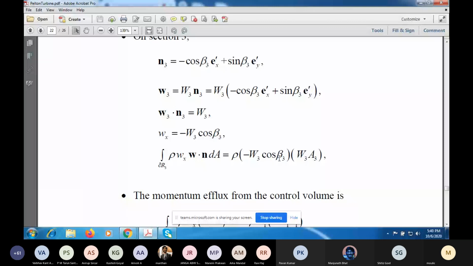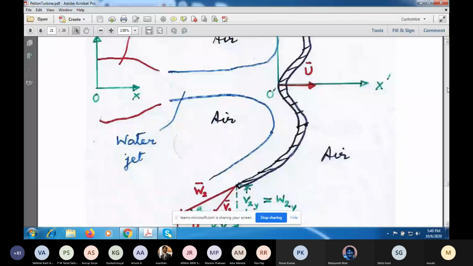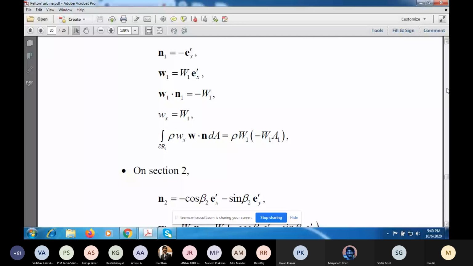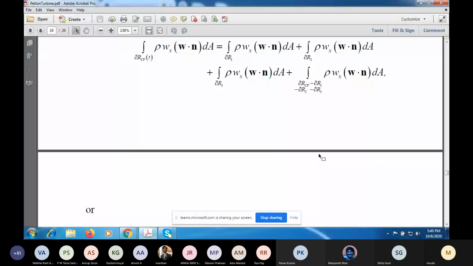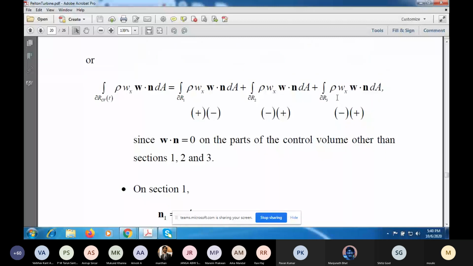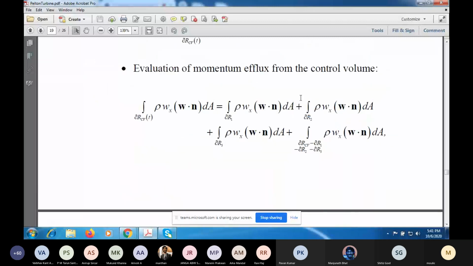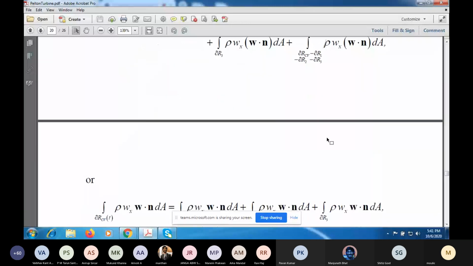Now I have a suggestion which might be useful for you when you solve problems, that is, when you write this equation. What I've done here is first split it into 4 parts. The integral over the last part is 0 because W dot n is 0 on this last part.